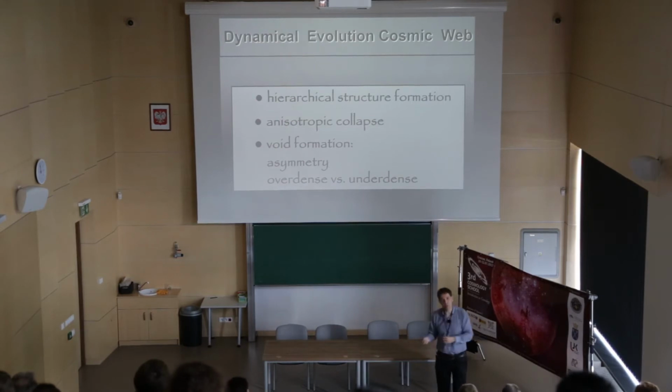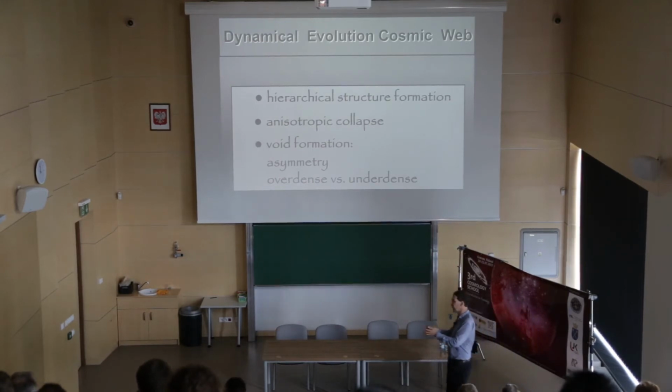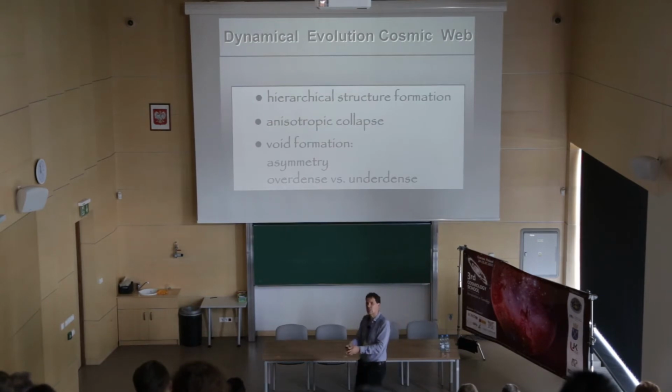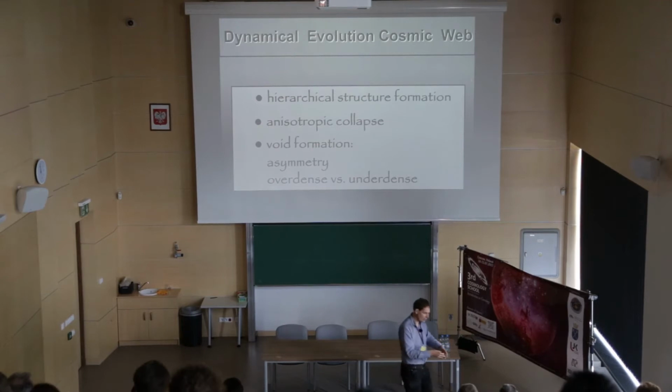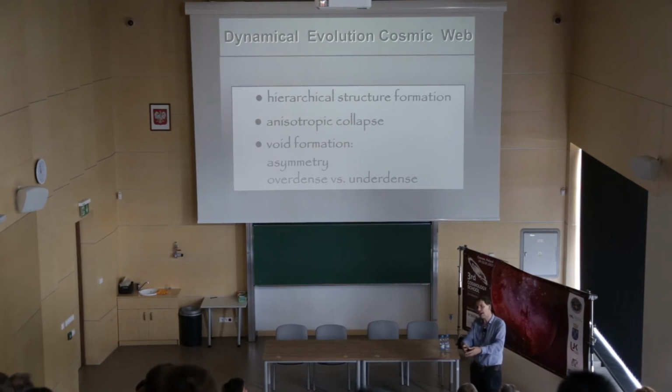And that must also be a result of the gravitational force. Actually, what we see is that the underdense regions, because they were underdense, represent regions of less gravitational attraction. As a result, mass that originally was within these voids starts to move out of these voids towards the high density regions. That's why they're losing.